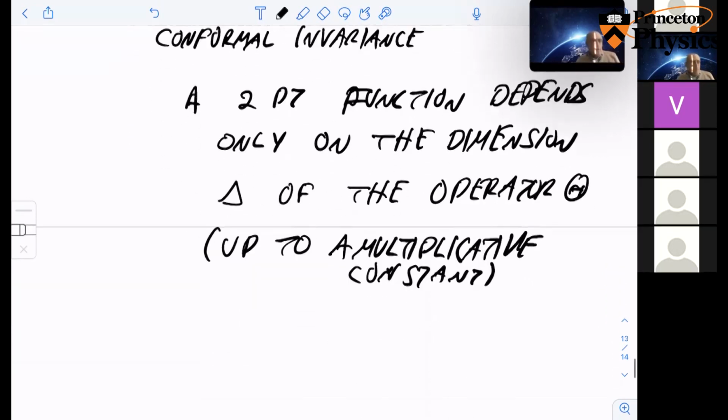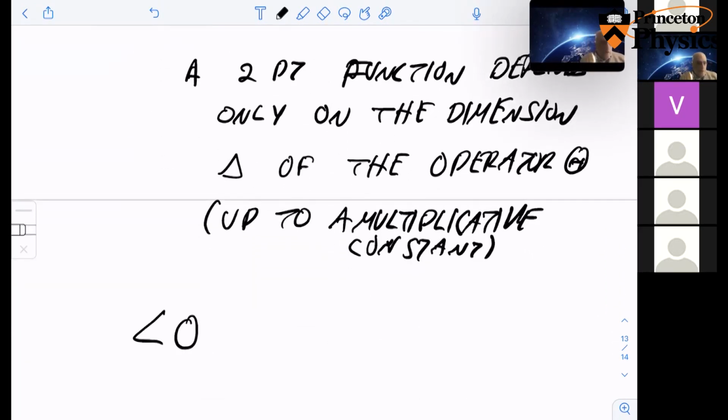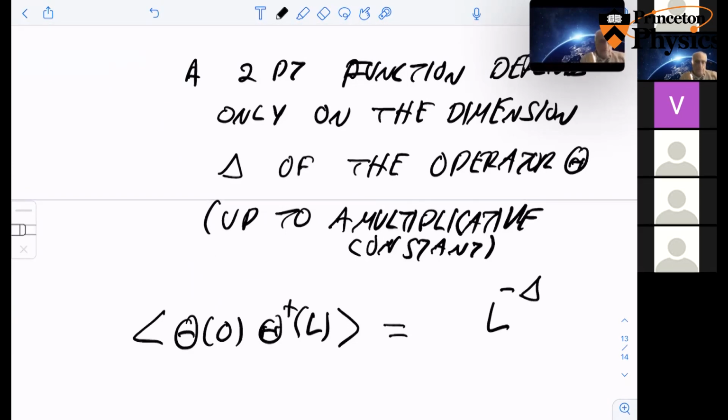So conformal invariance implies that theta of 0 times theta dagger of L can only be L to the minus 2 delta, because there are two operators.